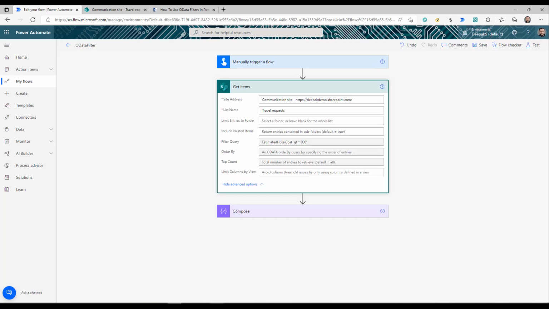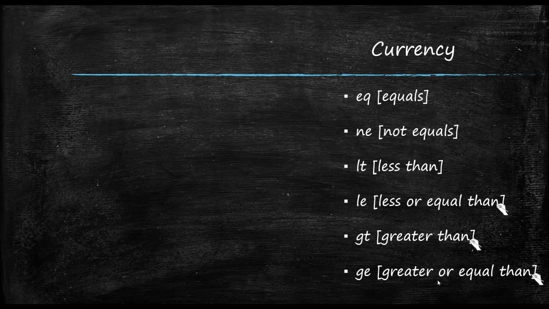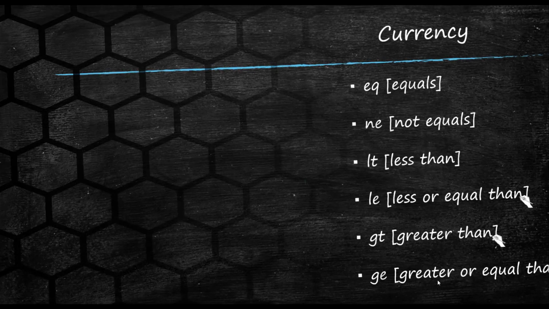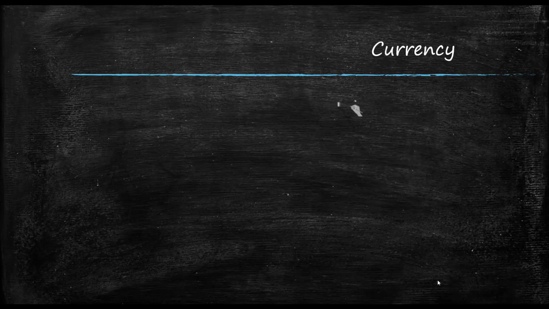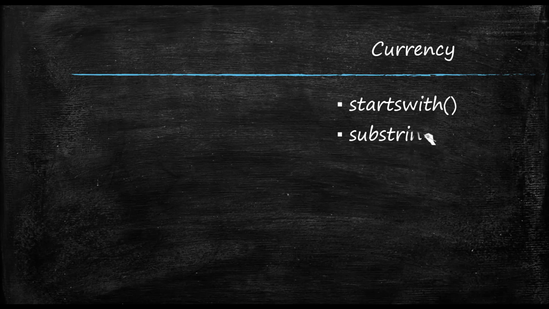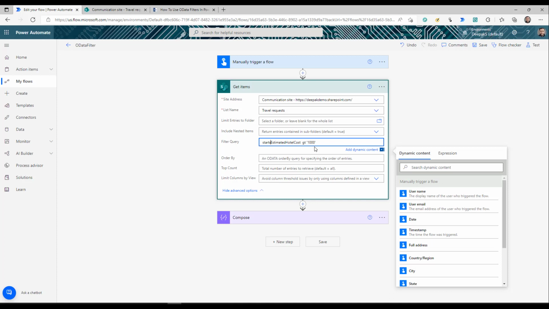Awesome, right? So this way you can use any of these different types of operators. Similarly, if I go to the next set where we have two more, starts with and substring of, let's see how starts with works. If you remember in our first example of single line of text, for starts with, I need to start typing, then give the column name, and then type the text or the value that you want it to start with.